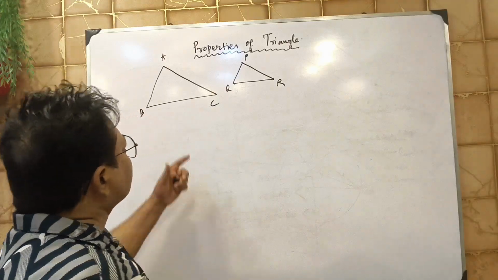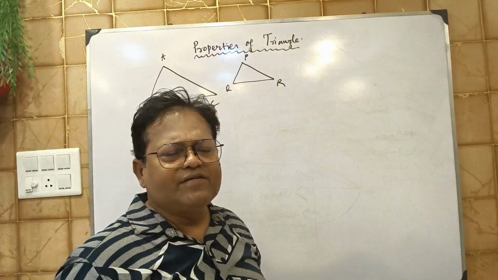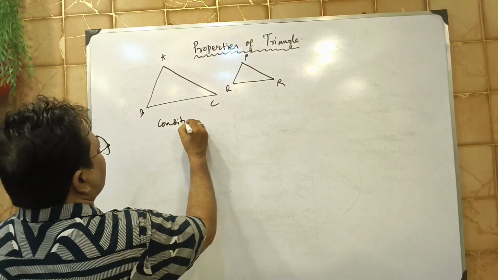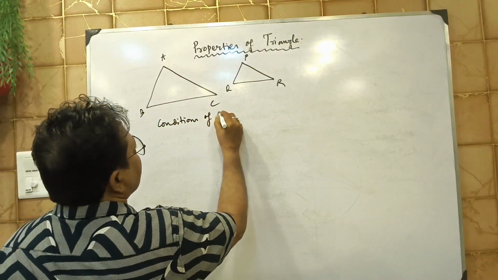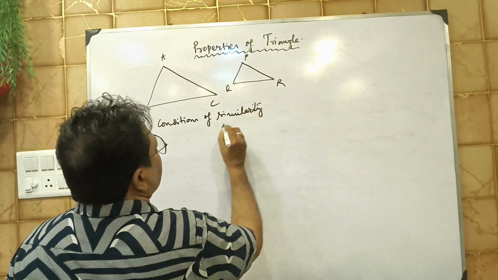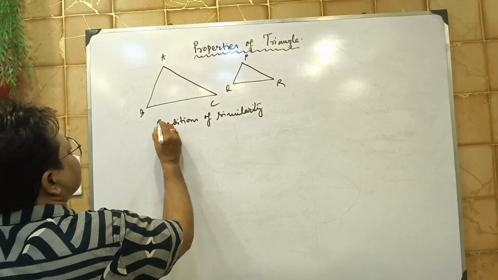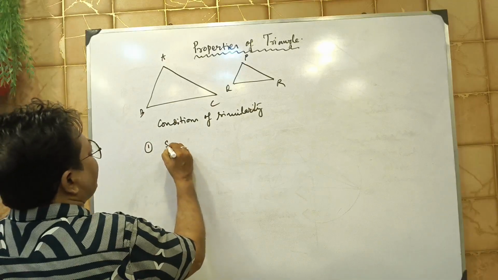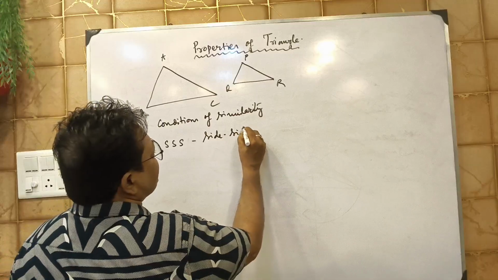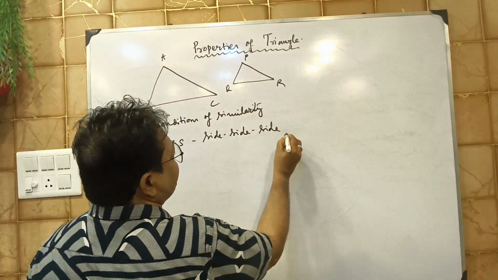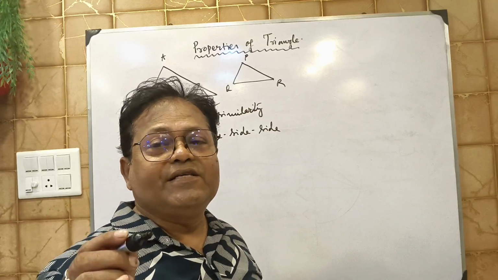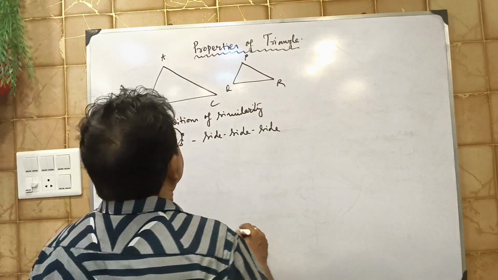This type of triangles are called similar triangles. There are some conditions of similarity. Number one condition, side, side, side. It is called side, side, side, not meaning side equal to side equal to side, but the equality of the ratios of corresponding sides.